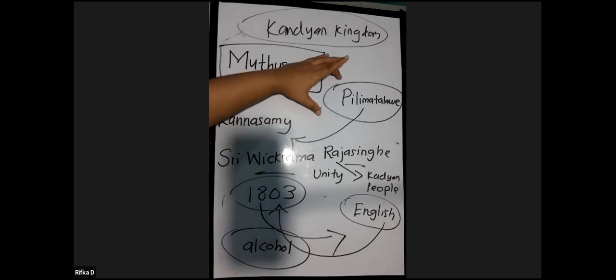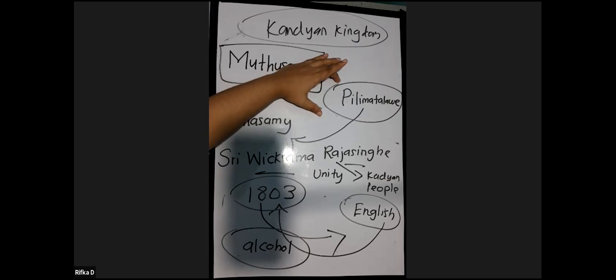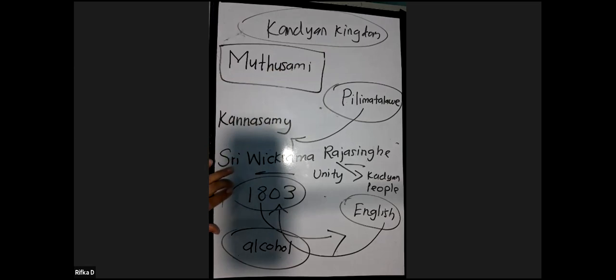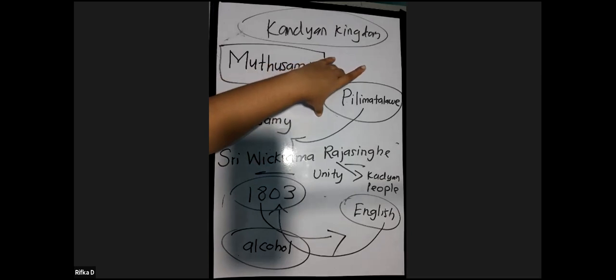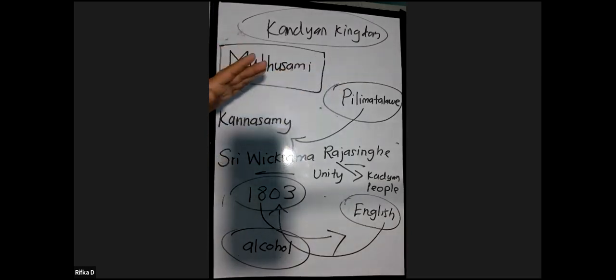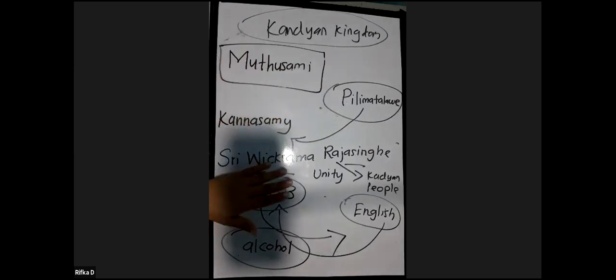He killed Pilimathalava himself. Who was Pilimathalava? The one who made him king. But finally, the king killed Pilimathalava himself. Also, he had many disputes with the bhikkhus.